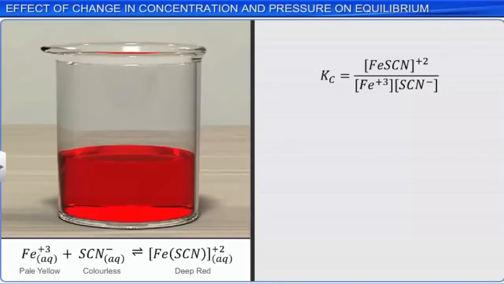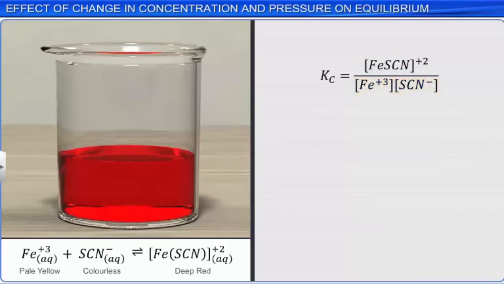The equilibrium constant, Kc, for this reaction can be written as Kc is equal to the concentration of FeSCN+2 divided by the product of concentrations of Fe+3 and SCN-.